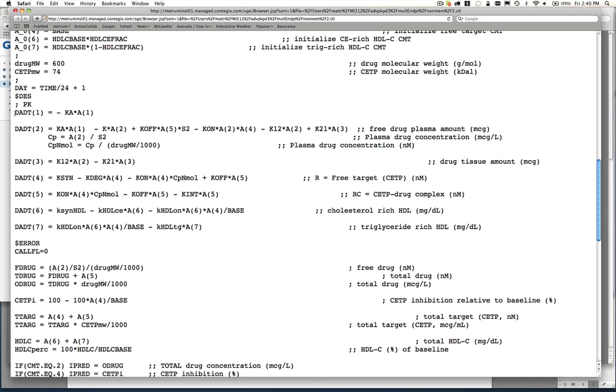And so the first few lines of this are, again, taken more or less directly from the target-mediated drug disposition lecture.